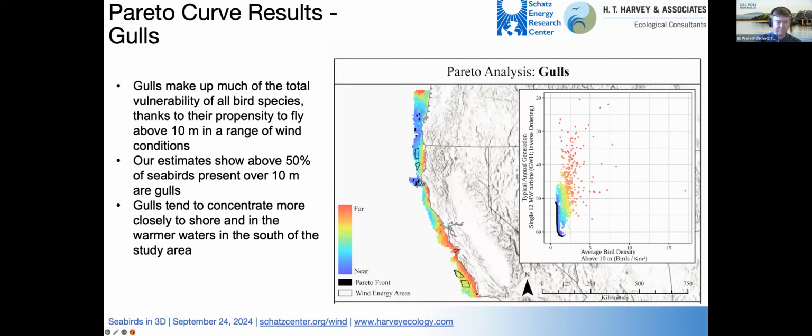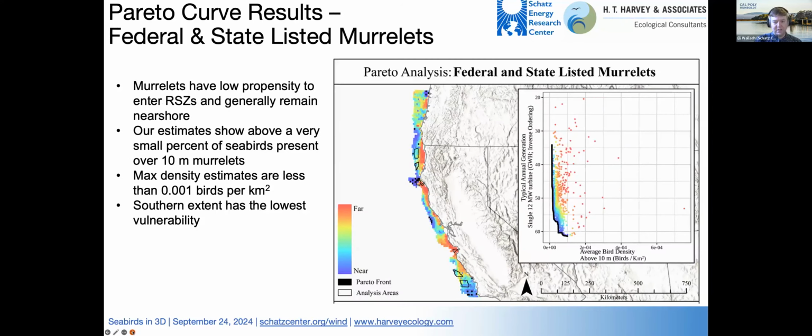And the next slide shows a Pareto analysis result for our federally and state listed species. In this case, all of these species are murrelets. We can see some interesting trends in this plot. We see some areas to the south are marked as Pareto optimal, as well as some offshore areas near San Francisco Bay that were not present for some of the other species groups.